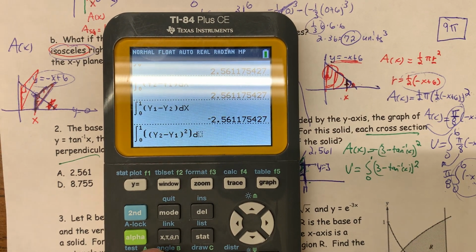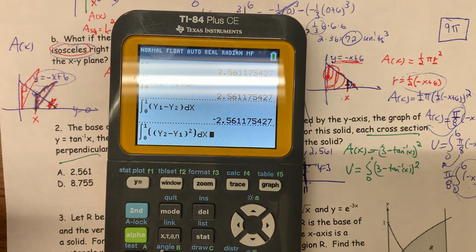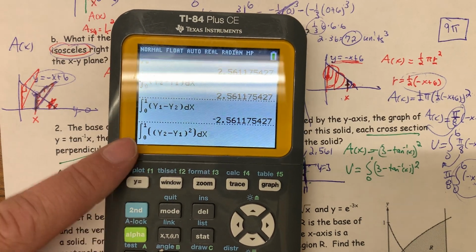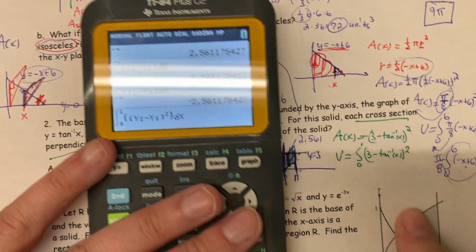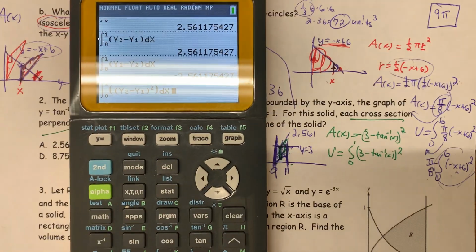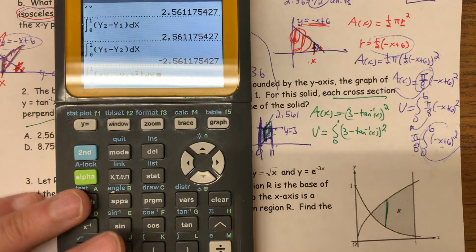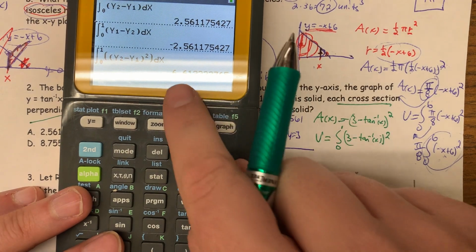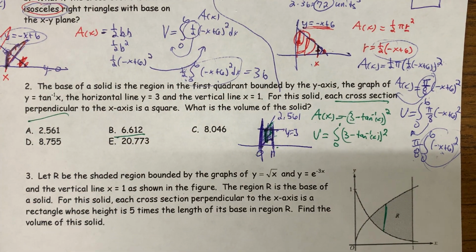You want to get used to just putting that in. Sometimes it'll have a pi over 8 or a 1/2 or whatever, but very often it's going to be y2 minus y1 squared, because this will be the base, and most areas have a square in them. And so this is the volume. So 6.612.